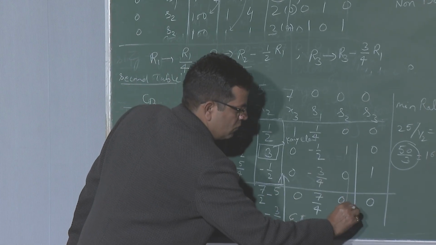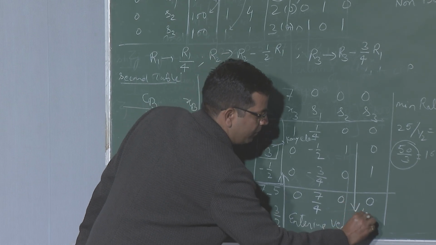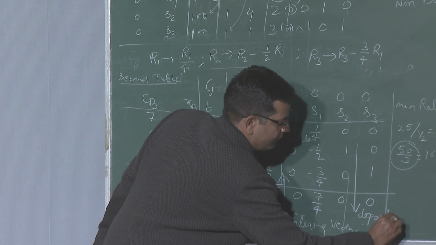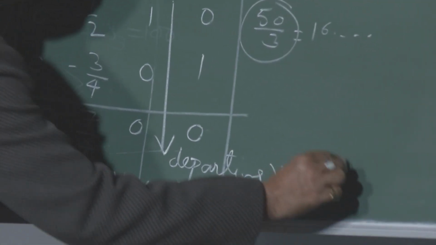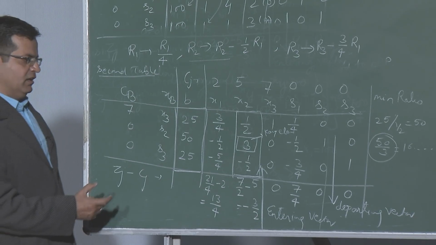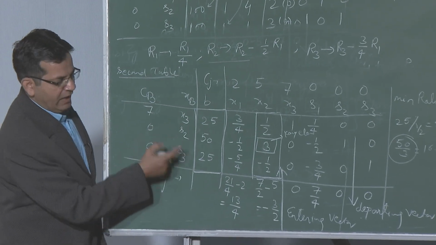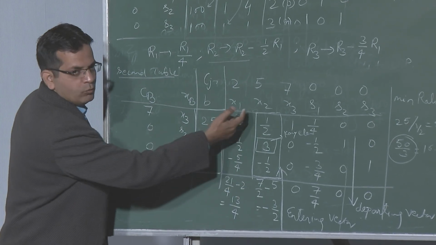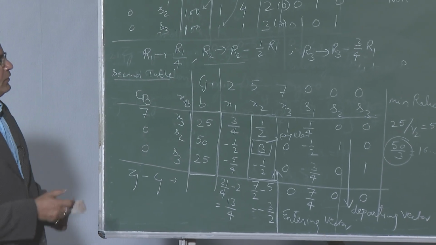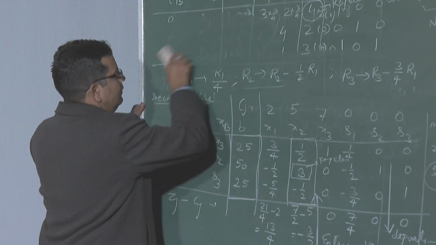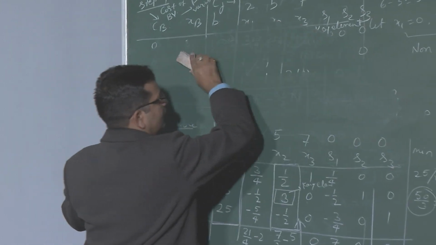So, S2 will depart, so it becomes the departing vector. So, in the next table in place of S2 we will have the x2 variable in the basis, and we will repeat the same process. So, now I am going to the third table with the same iterative computation.